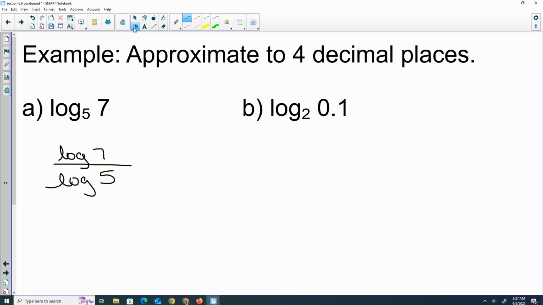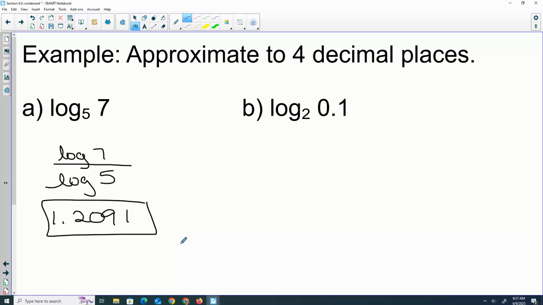So then you can type that in, log 7 divided by log 5, 4 decimal places, so 1.2091. Alright, and we always change to log base 10 or natural log because those are the 2 buttons we have.